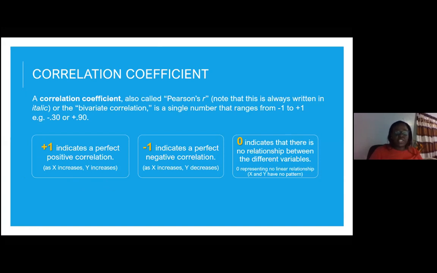If the relationship, however, is R equals +1, then there is a definite positive relationship. One affects or causes the other. And for R equals -1, this means that there is indeed a relationship, however, it is a negative relationship.